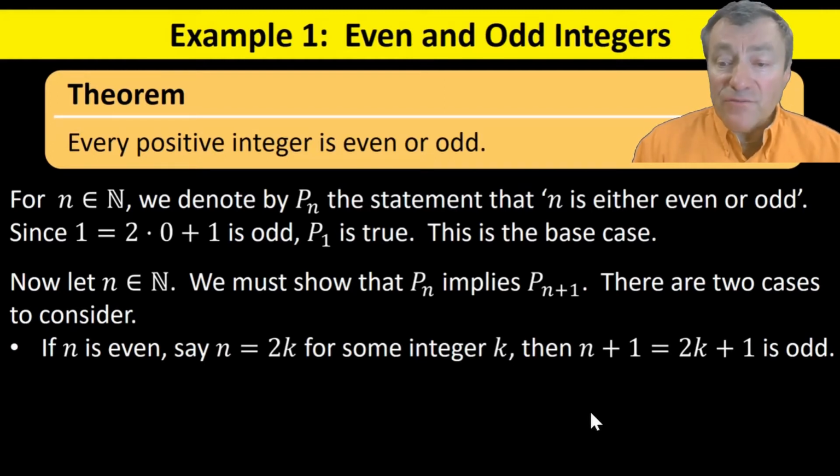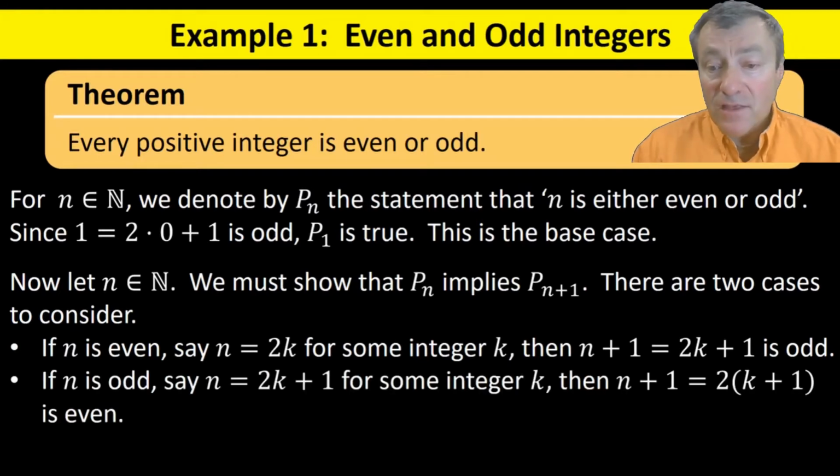Well, in the first case, n being even means that n is 2k for some integer k, but then n plus 1 is 2k plus 1, which is odd by definition. So we conclude Pn plus 1 in this case. In the other case, n being odd, then n is 2k plus 1 for some integer k.